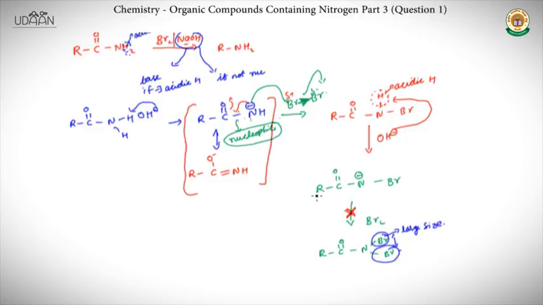So this step won't occur here, and the crucial step which is going to occur is this shifting here, and since it is polar, oxygen gets a negative charge, and one more thing is that oxygen is not a good leaving group.